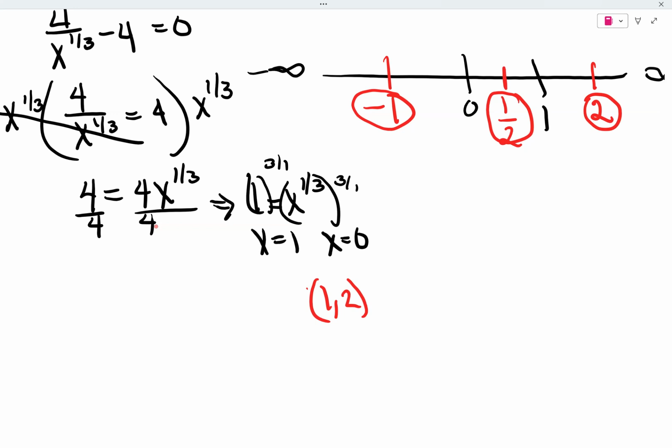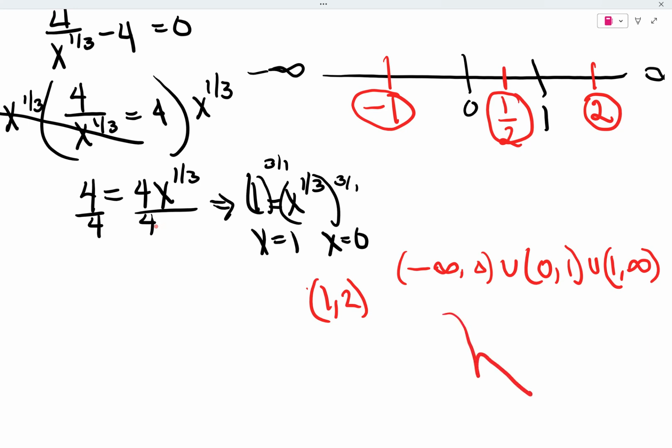So our intervals, let's talk about the intervals. We have from negative infinity to 0, which you saw the behavior, union 0 to 1, and you saw that behavior, and union, and this goes from 1 to infinity. And so once again, we could see the function is increasing between 0 and 1 because it does this cusp behavior, right?